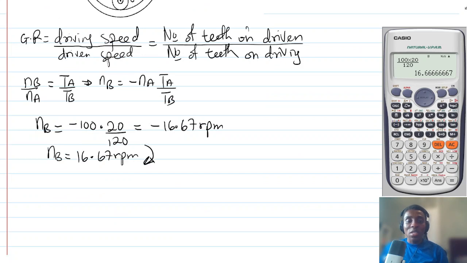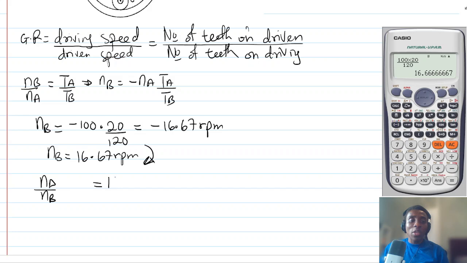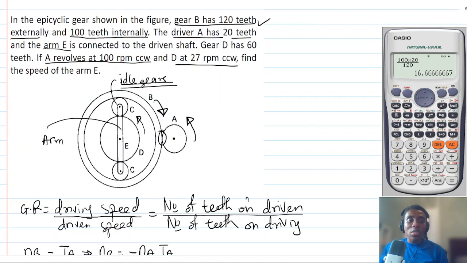For this system, we are going to write D over B, which should be the number of teeth on D over the number of teeth on B. However, D and B are connected together by an arm, and this arm is going to cause some sort of relative motion.